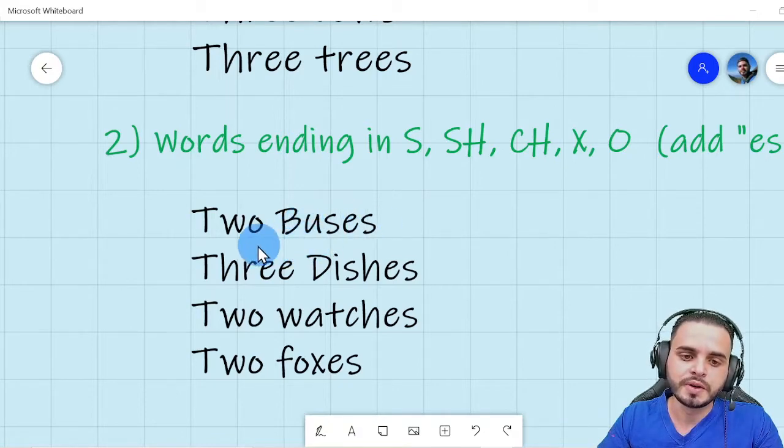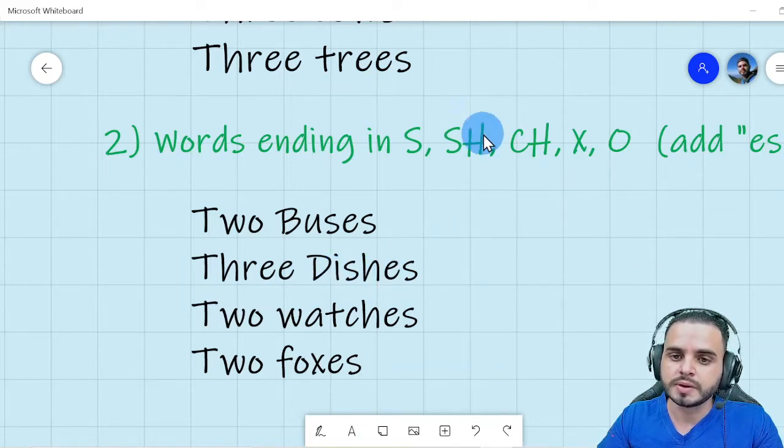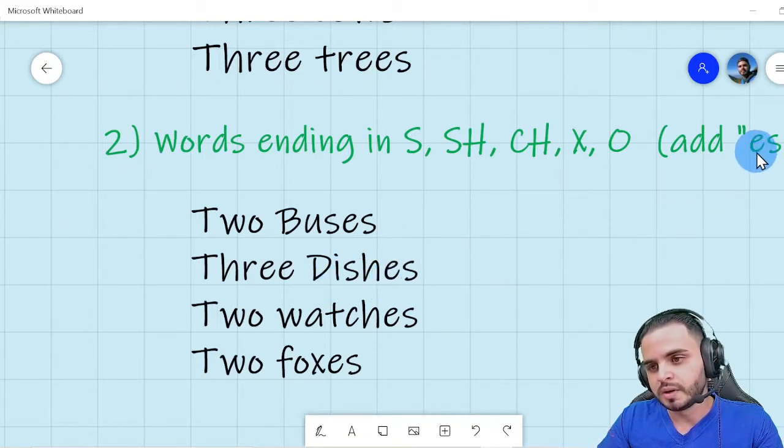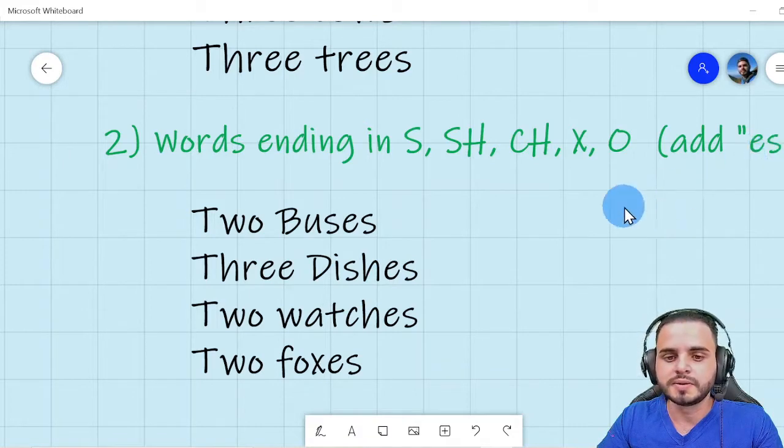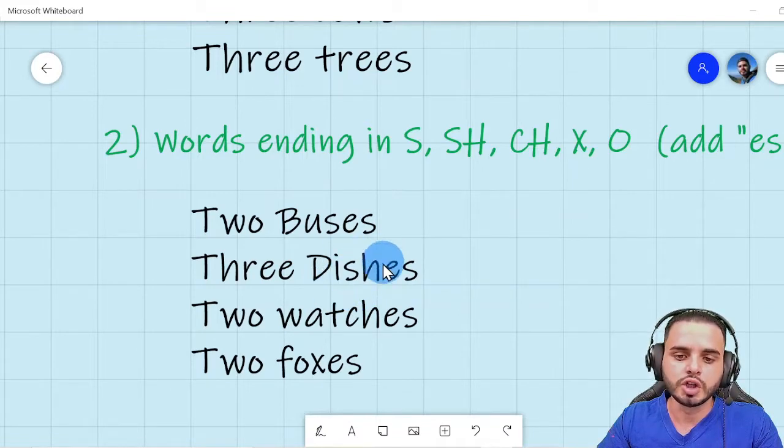Okay, then we have another example, which is dish. Again we have this exception to the general rule, and we're going to say dishes because we add ES to the main word, which is the noun dish. Then we have another example, the word watch.